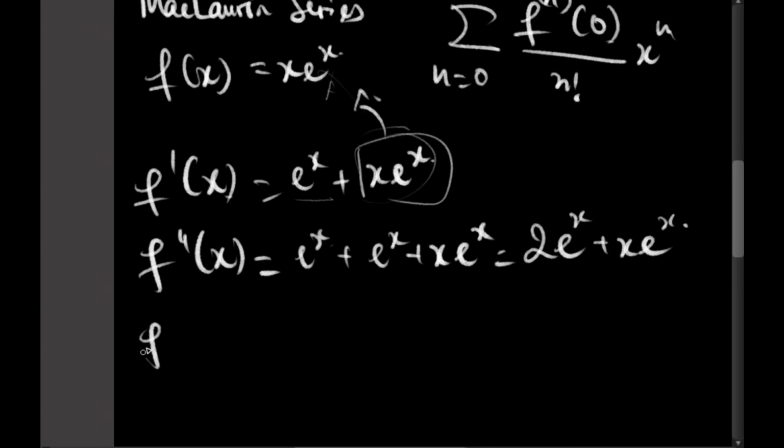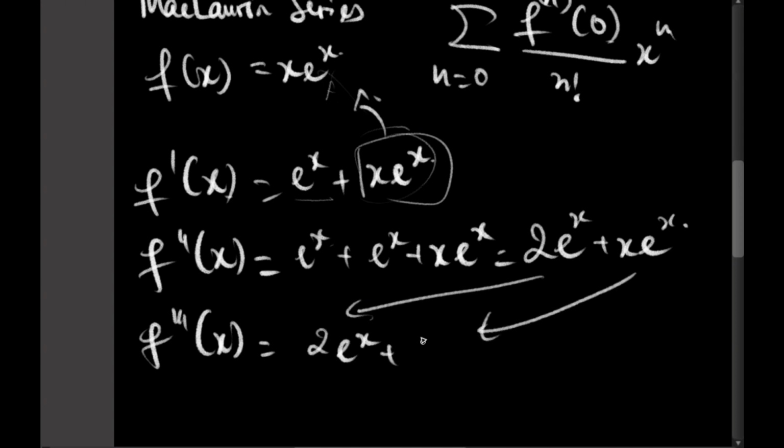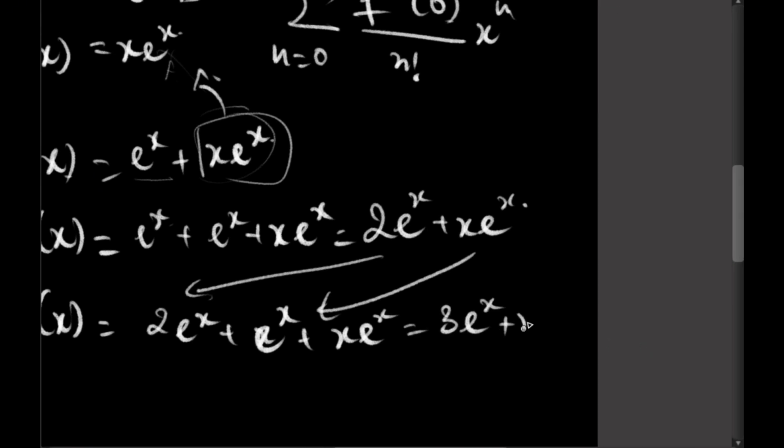And for the next derivative, we can just put that here, and plus this is going to be e to the power of x plus x e to the power of x. And what do we have? It's going to be 3 e to the power of x plus x multiplied with e to the power of x.